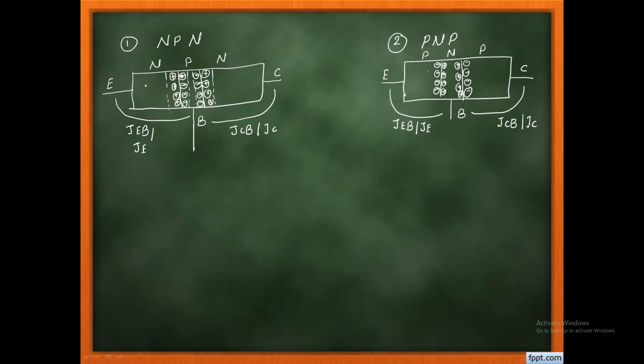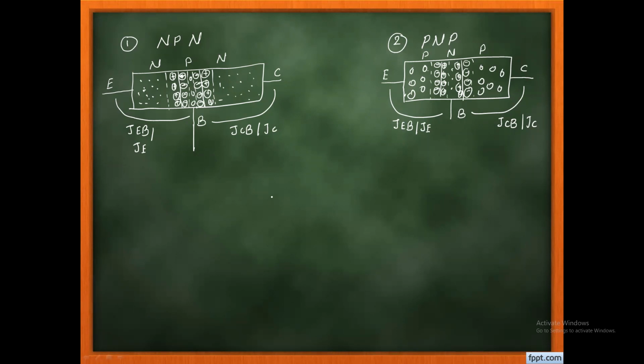As you know, in the N region, electrons are the majority charge carriers, and in the P regions, holes are the majority charge carriers. Again, in the N region, electrons are the majority charge carriers. Here, in the P region, holes are the majority charge carriers. And in the N region, electrons are the majority charge carriers. And again here in the P region, the holes are the majority charge carriers.